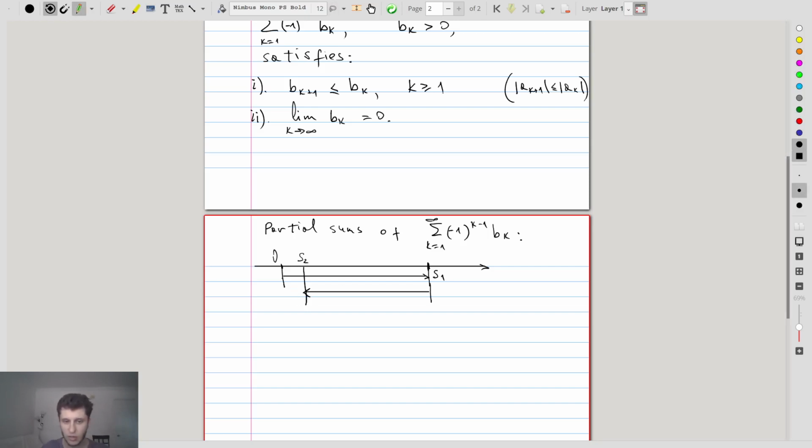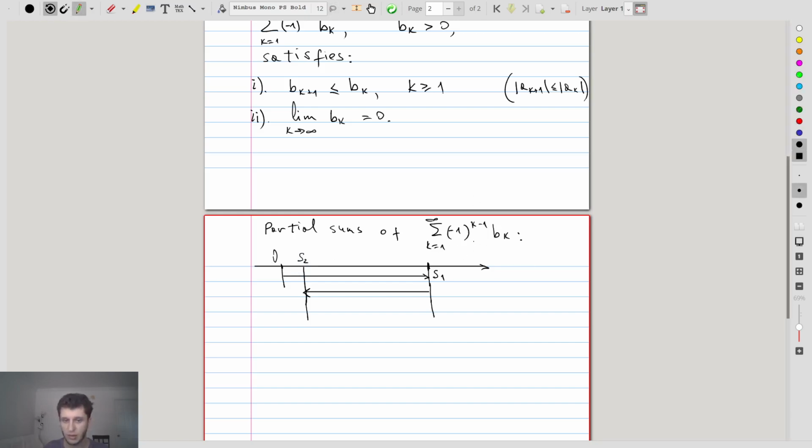So the first term brings us from 0 to S1. The second partial sum is the first plus the second term, so it brings us to the left to this value S2 here. Right, then we're going to continue like that exactly. So to get the third partial sum, we need to take the second partial sum and add the third term from our series.